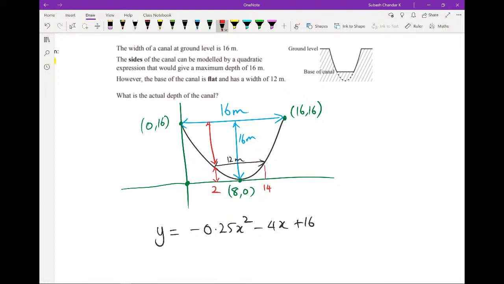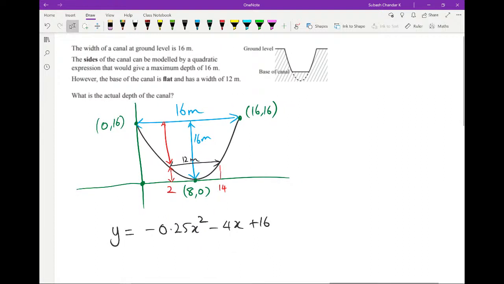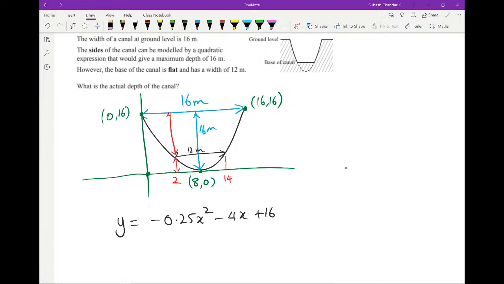I'm going to show it on the side here. So you can actually use the vertex form. The vertex form looks like this: y equals a(x minus h) squared plus v. Now you might have done it slightly differently, but basically that h value is this one here, and the v value is that 0.